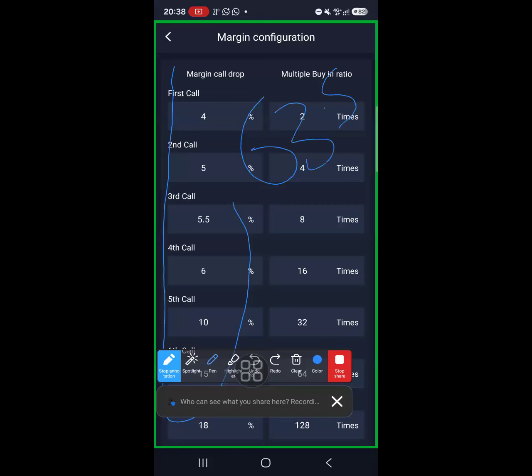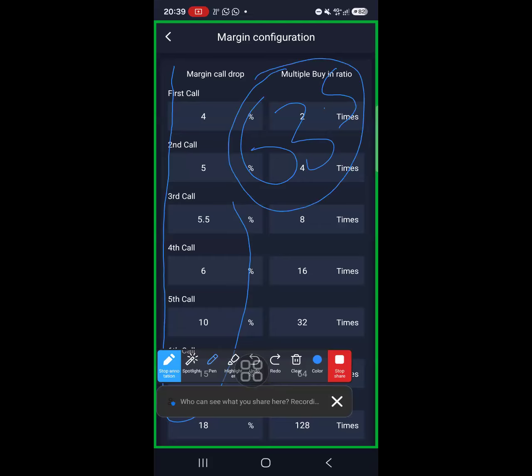That's what it means. If you are longing the market as well, it means the same. The price should drop by 63.5.